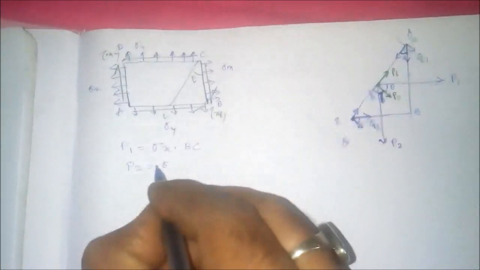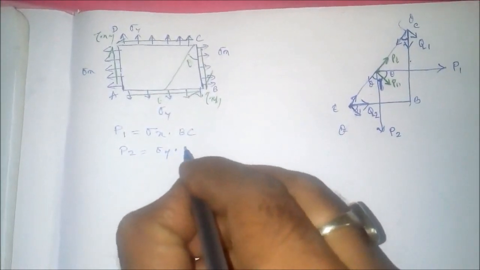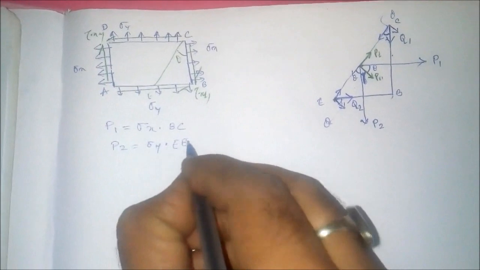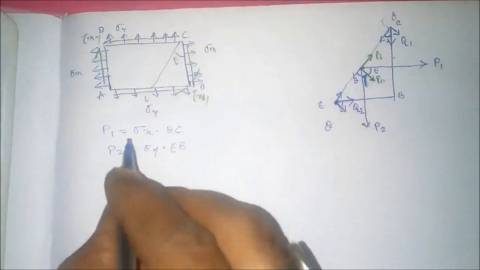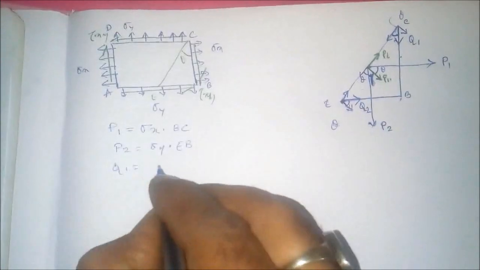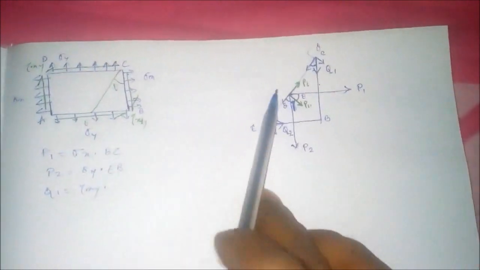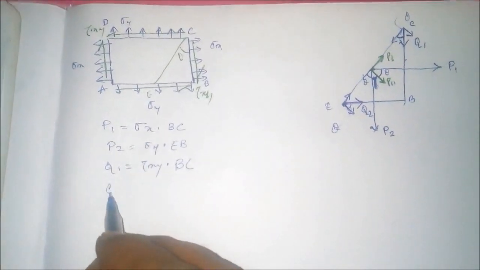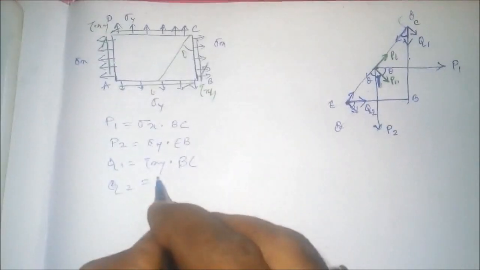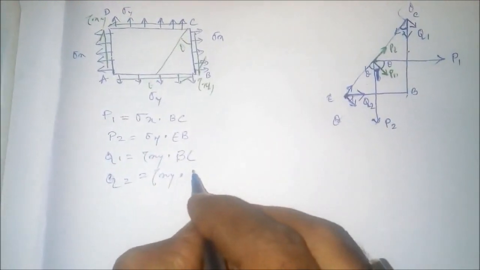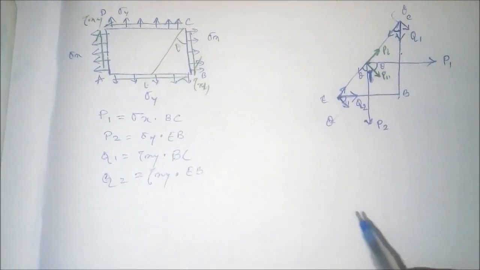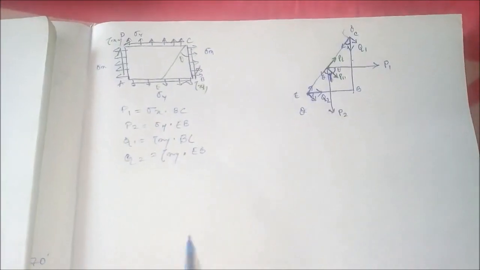P2 is sigma y into the area, that is EB, for this particular triangle wedge, and the value of Q1 will be equal to tau xy multiplied by the area in this section, that is BC again, and Q2 is also tau xy multiplied by EB, right?